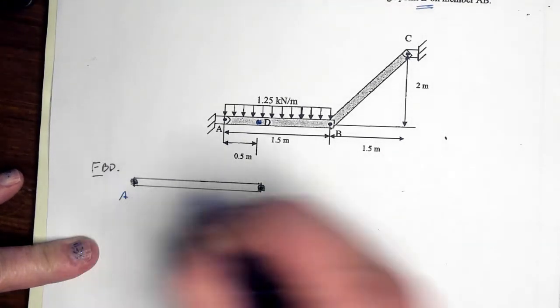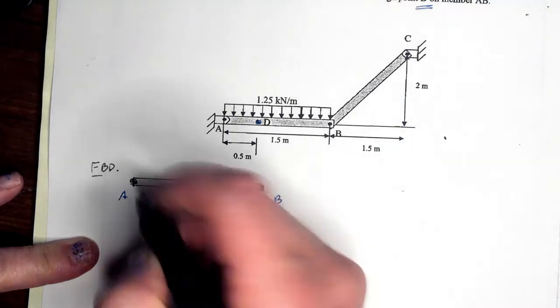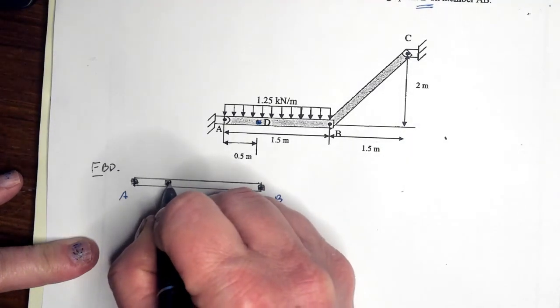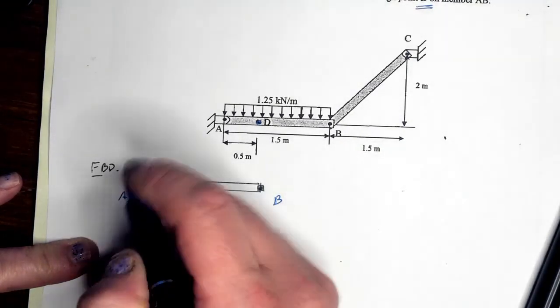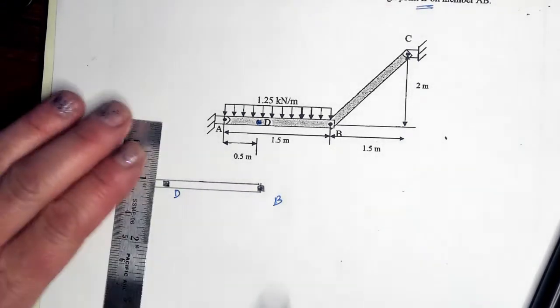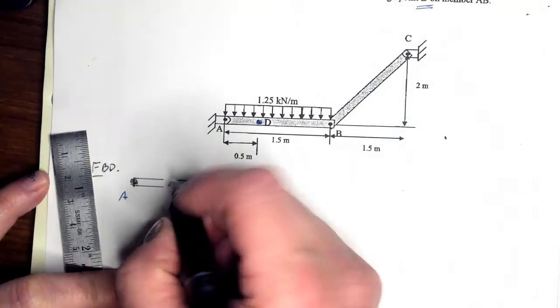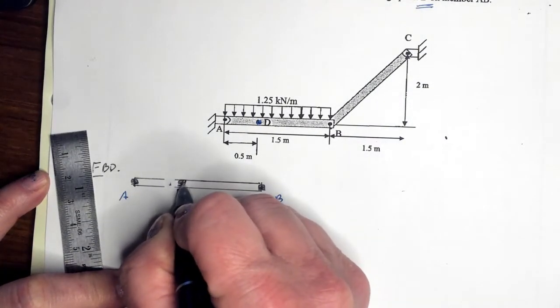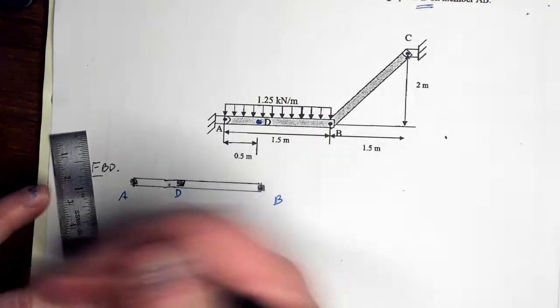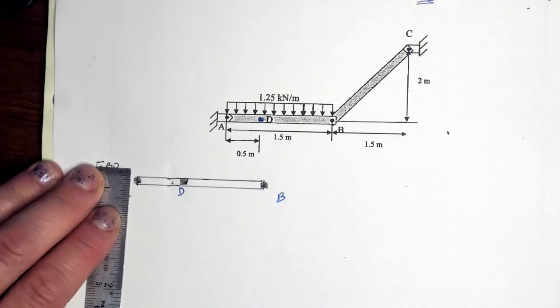We're going to have A and B. We're going to have D as well. It's at 1/3 of the distance, so really it should be over a little bit more. Maybe here. And yeah, we could show where it's at.